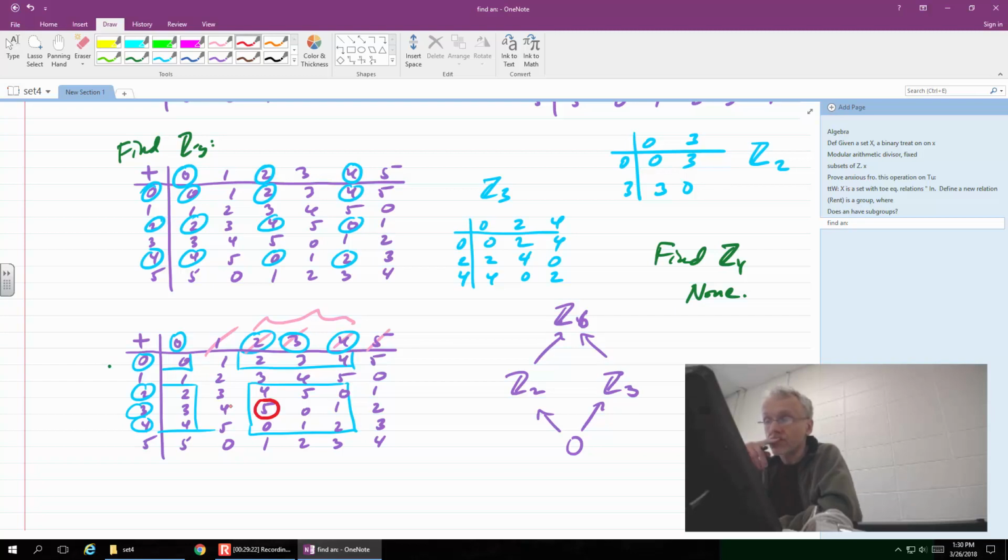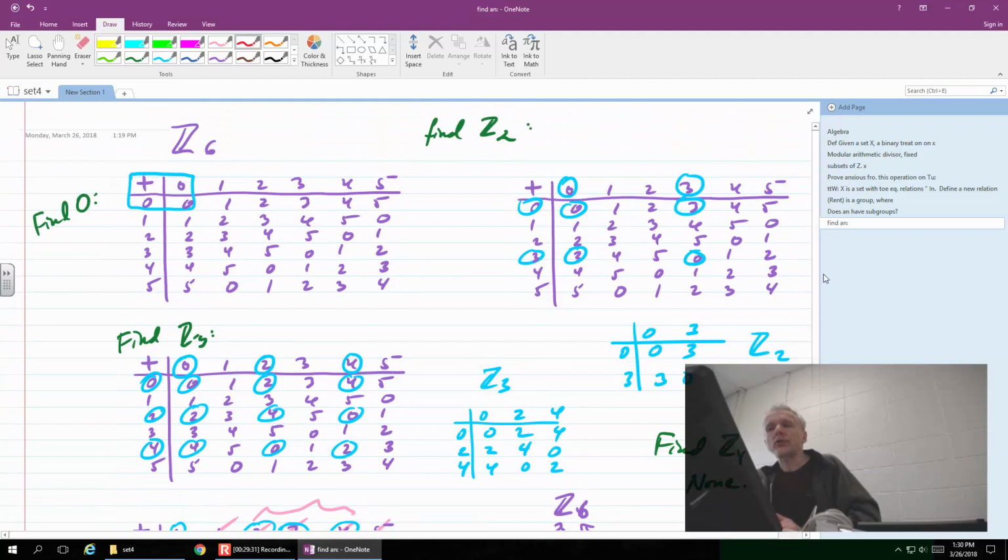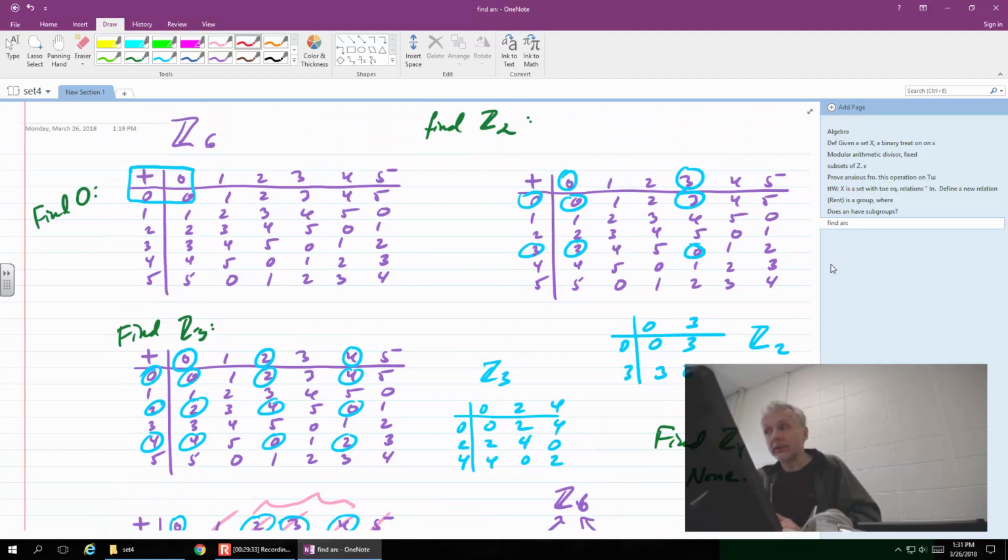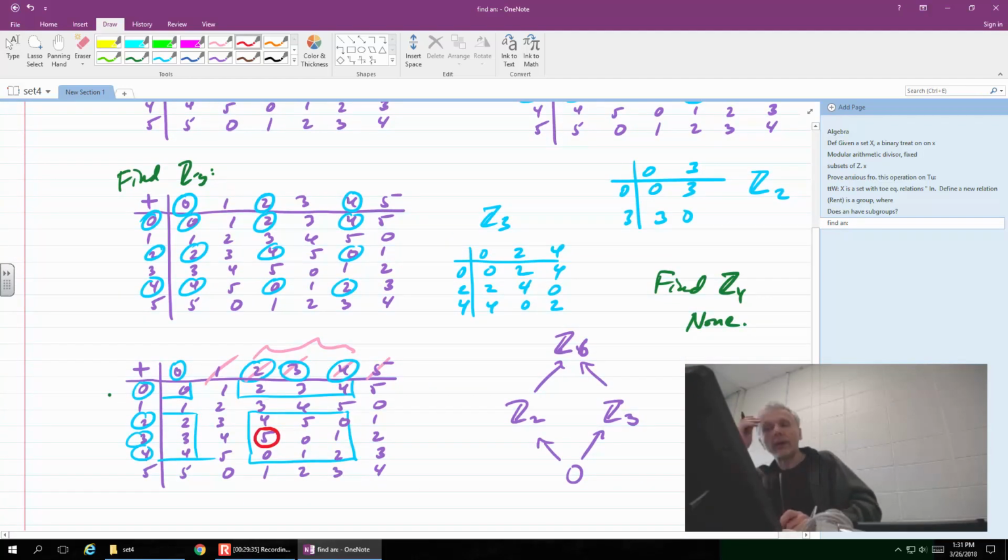Okay, so to demonstrate that there are no other subgroups is a challenge. For example, we found Z2, maybe there are other Z2s hidden there. We found a copy of Z3, maybe there are more copies of Z3 hidden somewhere. And then we more or less made, I think, a pretty good argument why there is no Z4, and you also have to make an argument why there is no Z5 there.